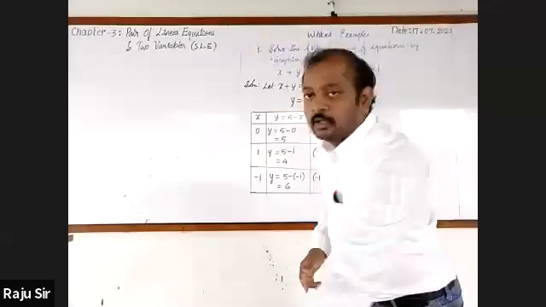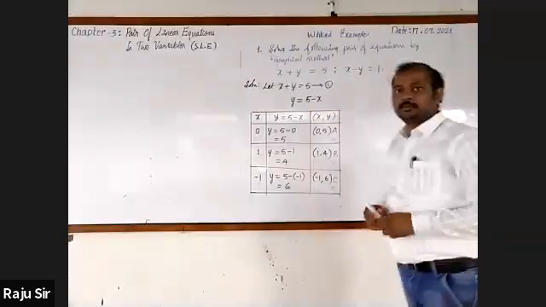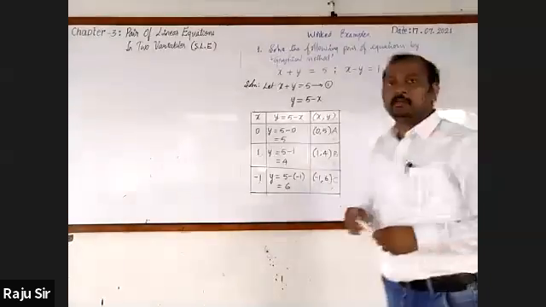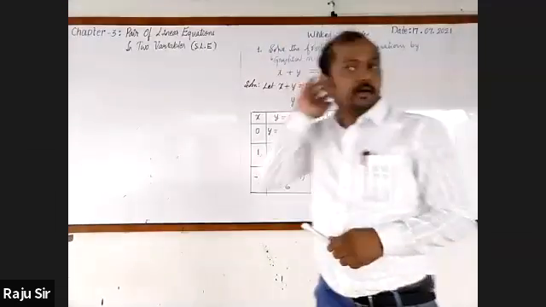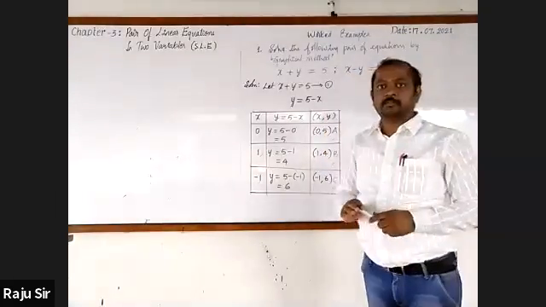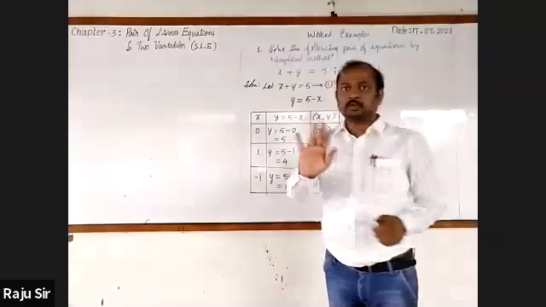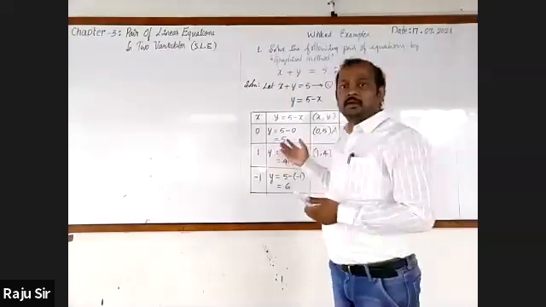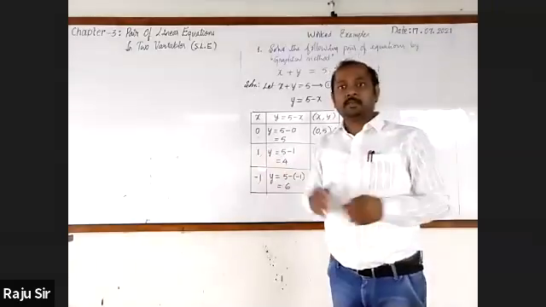Sir, we can take any number directly, no, sir? First only we can take any number? Except 0, we can take any number. I told you there is no rule that you have to take a particular number. You may take 10, 20, 100, minus 1, minus 50. Any number can be taken.